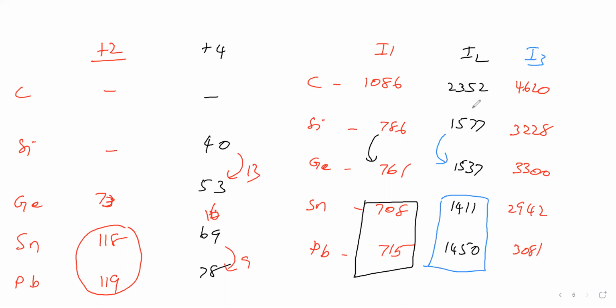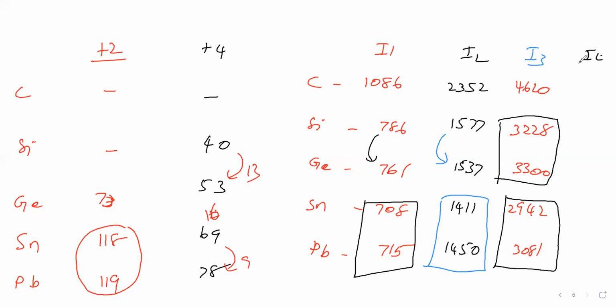Now it is the third ionization energy. Third ionization energy decreases, where it shows anomalous behavior, means tin to lead, because in lead 4f14. Then silicon to germanium also shows anomalous behavior, an exceptional case, because in germanium 3d10 we can say.